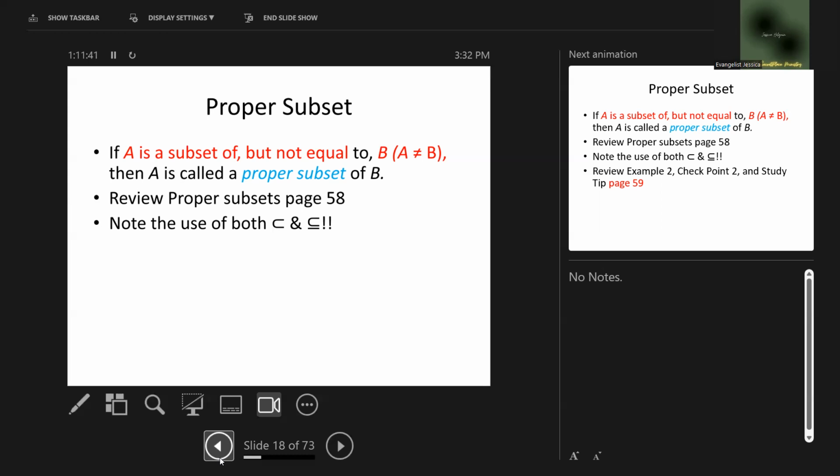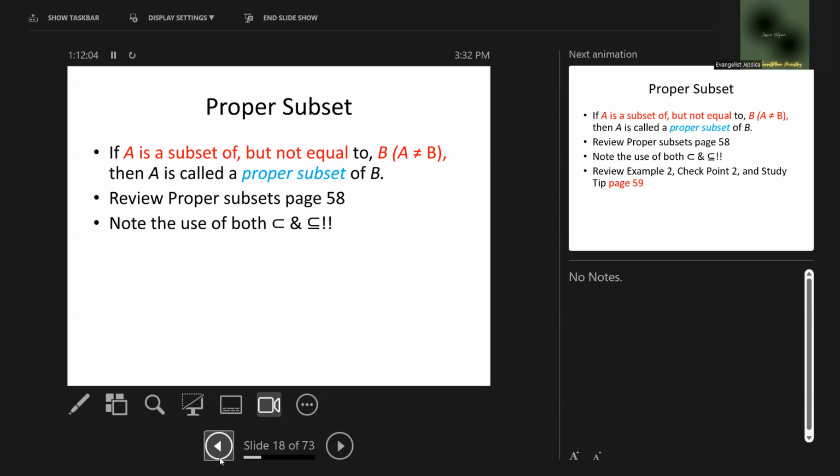You see, so two sets can have the relationship between them both as a subset and a proper subset. You follow me? Okay. Let me see a further example.